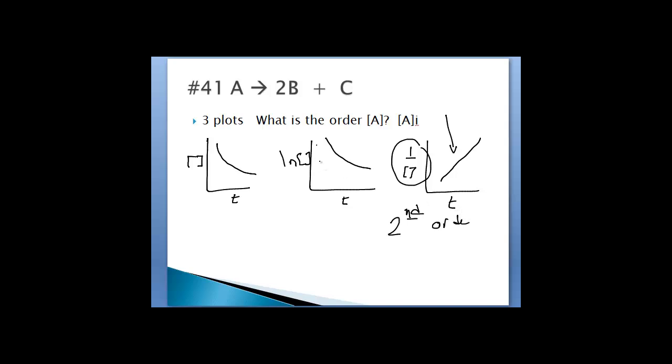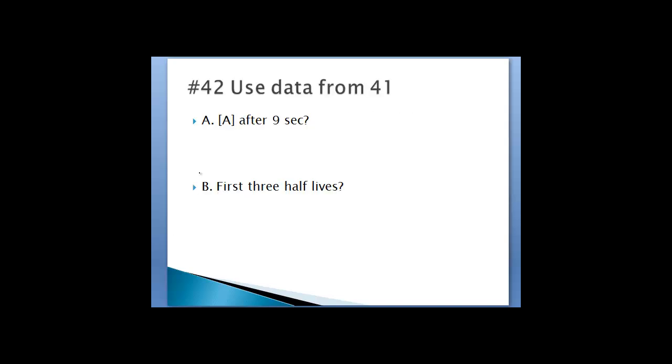If this one were the straight line, it would be first order, and if this one were the straight line, it would be 0 order. But it's this one, so that tells us that it's a second order reaction. I believe that's all we're doing in letter A.